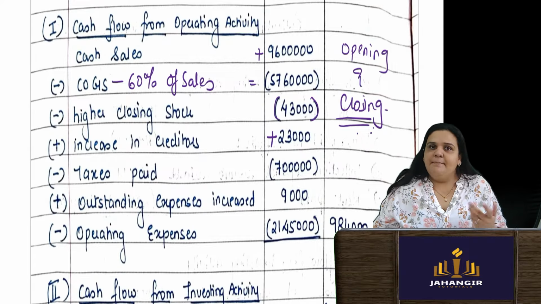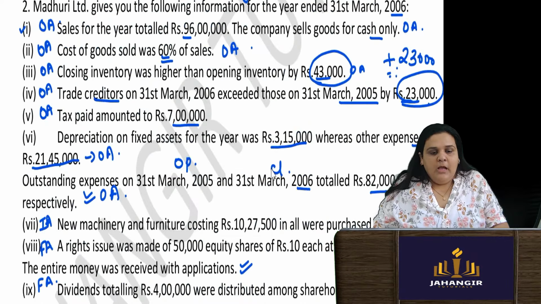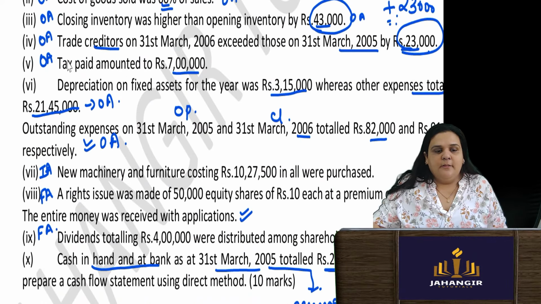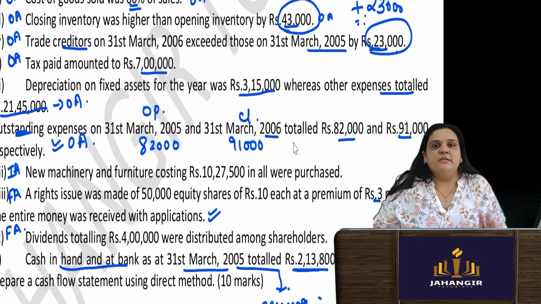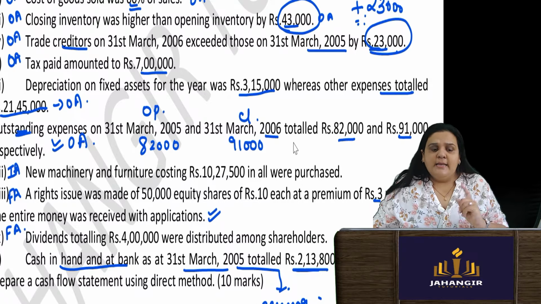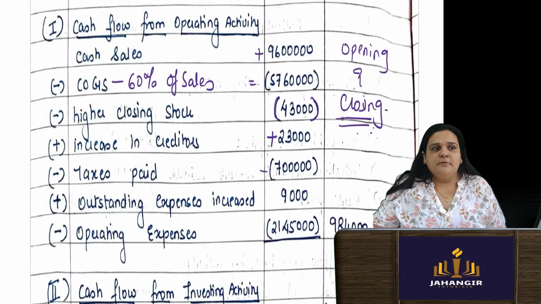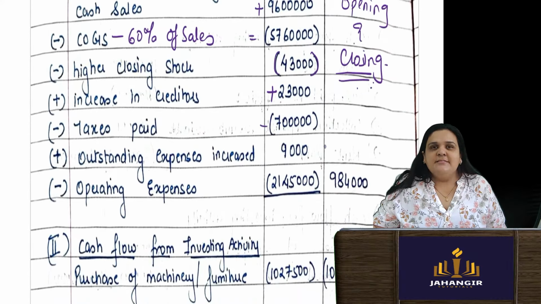Taxes are paid, we have to pay the tax, subtract, simple. Outstanding expenses. Here, outstanding expenses as on 31st March 2005 were 82,000 and then became 91,000. So my outstanding expenses have also increased. Outstanding expenses increased means what? They are outstanding in nature.